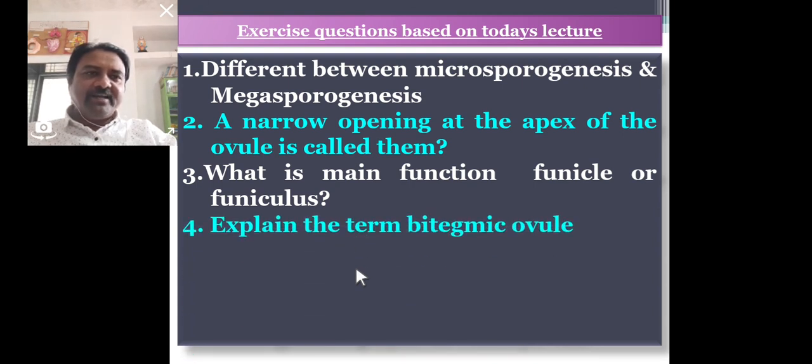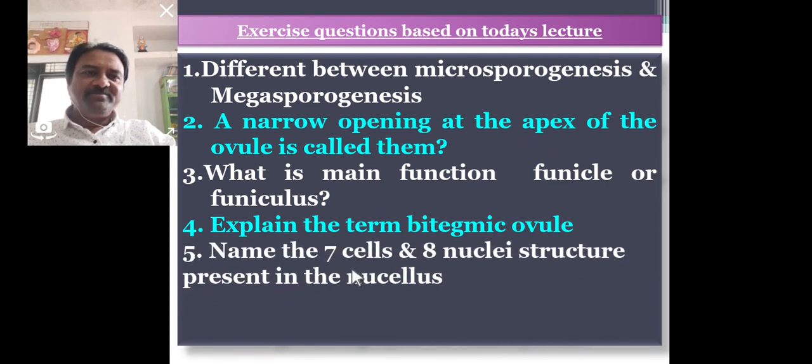Explain the term bitegmic ovule. An ovule consisting of two integuments is called a bitegmic ovule. If a single one is present, it is known as a unitegmic ovule.